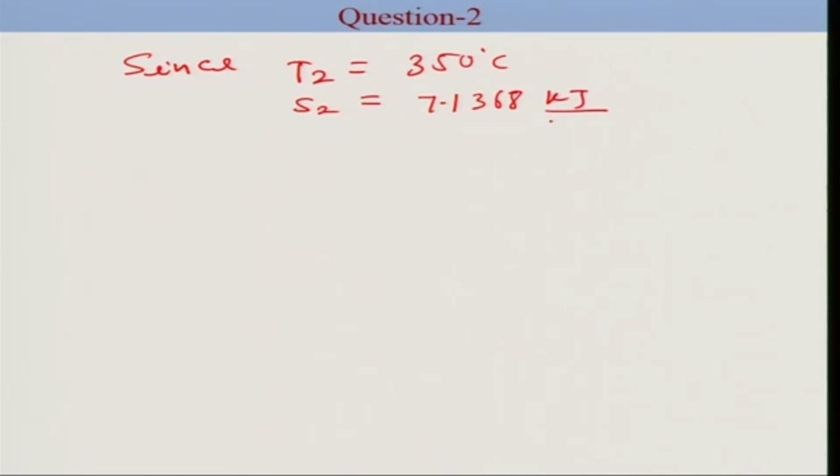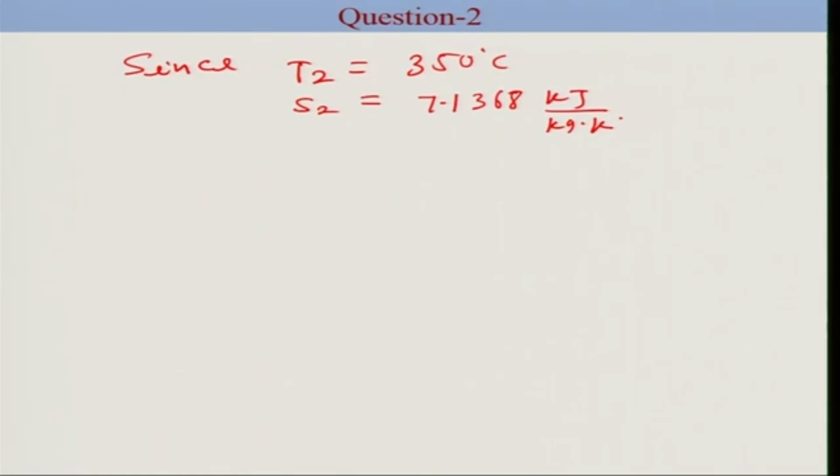Since T2 equals 350 degree centigrade, and S2 will be equal to 7.1368, because it will be equal to S3, right, kilojoule per kg Kelvin.